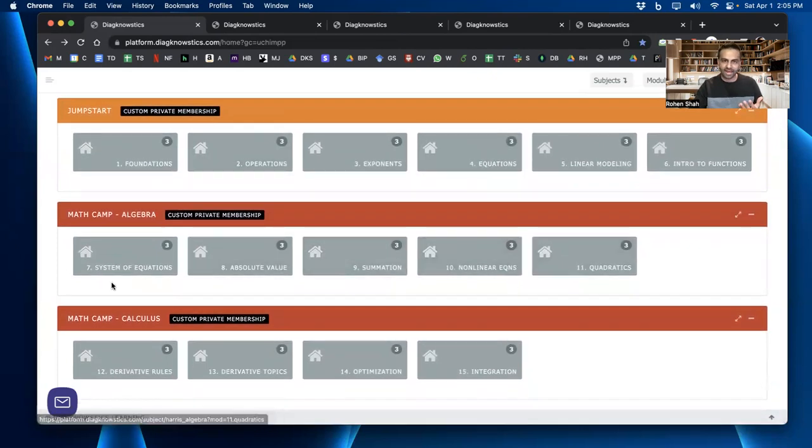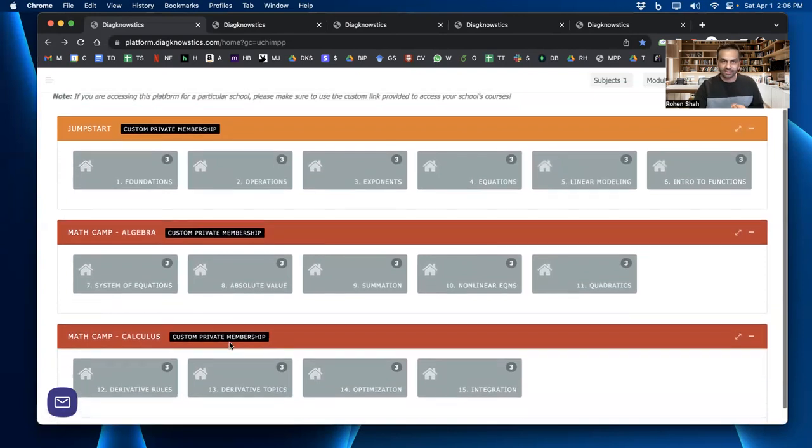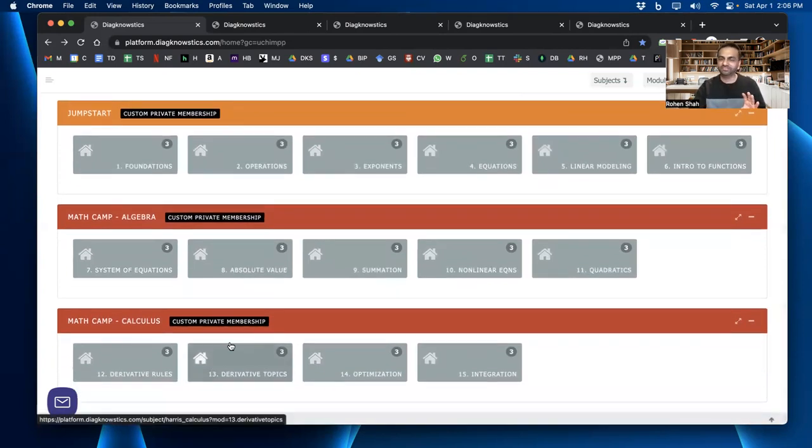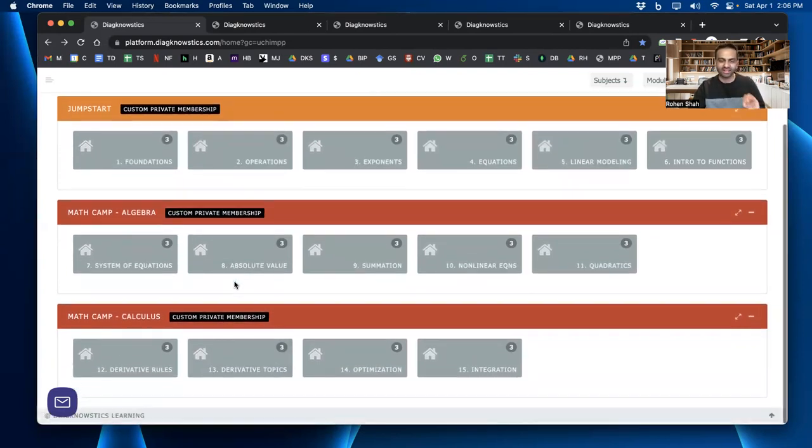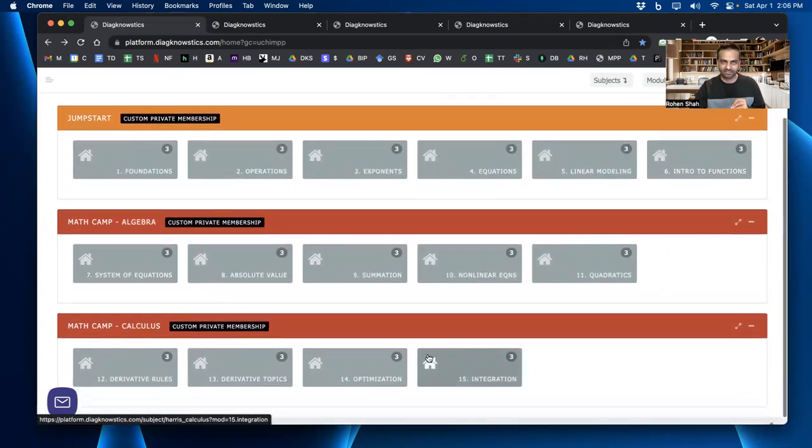Then there's the main algebra review modules, which look at systems of equations, which comes up with supply and demand, and then things like summation notation, even just explicitly talking about what that means, and quadratic equations. And then there's a little bit of calculus as well, where the calculus topics specifically go through profit maximization and the type of things that they're likely to see, and not just going through a year's worth of calculus. Instead, it's really just the targeted topics that they'll need.